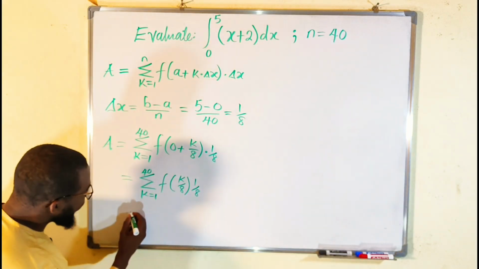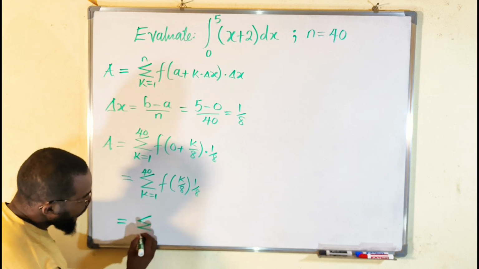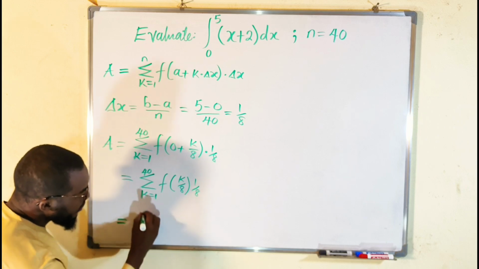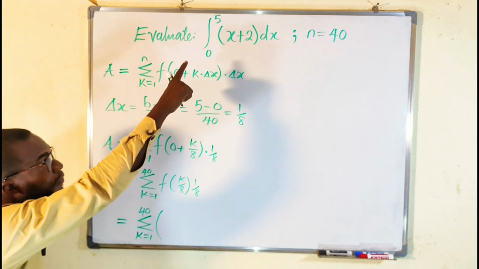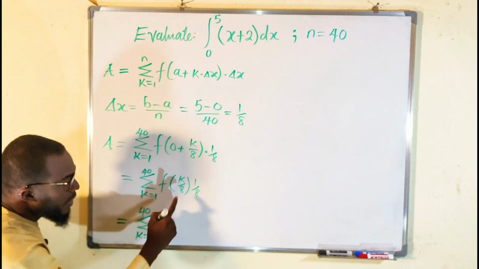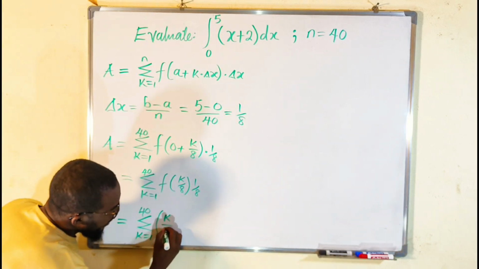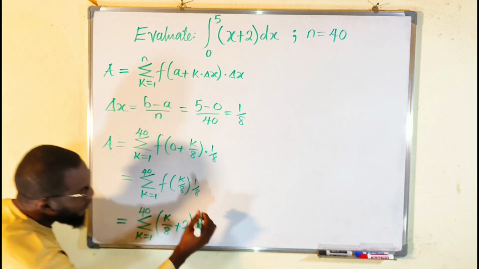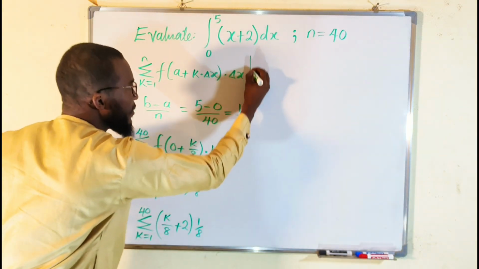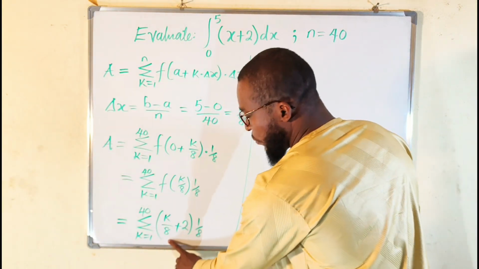So this is equal to the summation for which k begins with 1 and stops at 40 of the whole of k over 8 plus 2. Remember, we still have 1 over 8 outside. Let's continue to the other side. So we distribute over here.